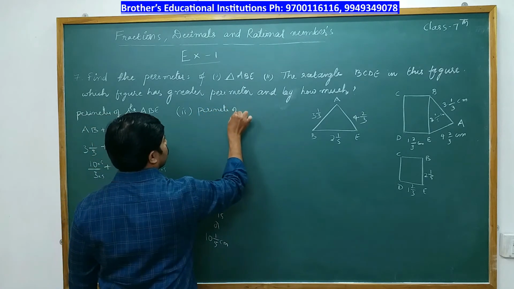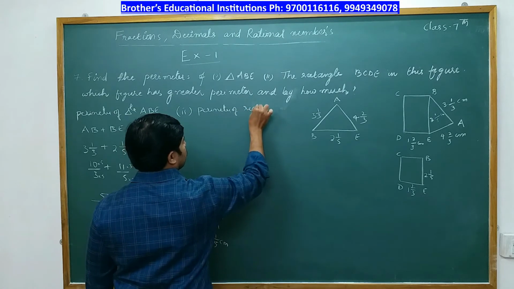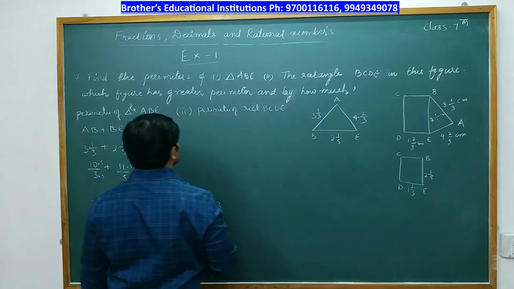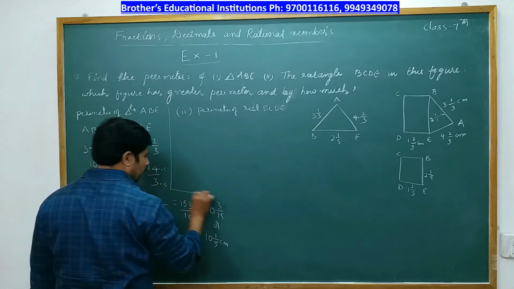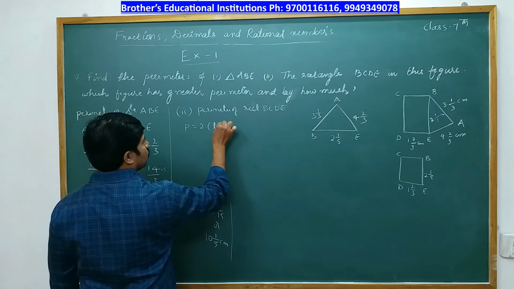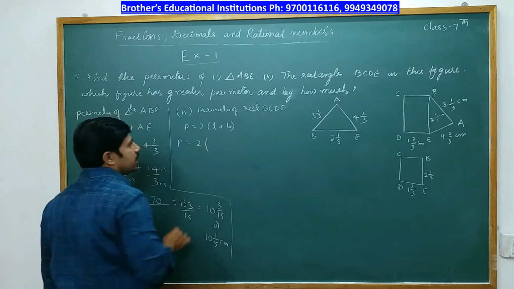Perimeter of rectangle BCDE. So what is the perimeter of a rectangle? Perimeter of a rectangle is 2 into (L plus B). So 2 into, what is L?